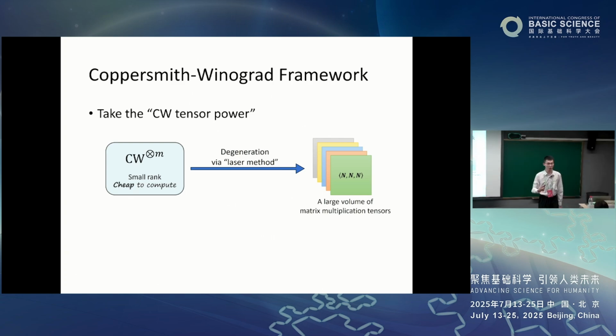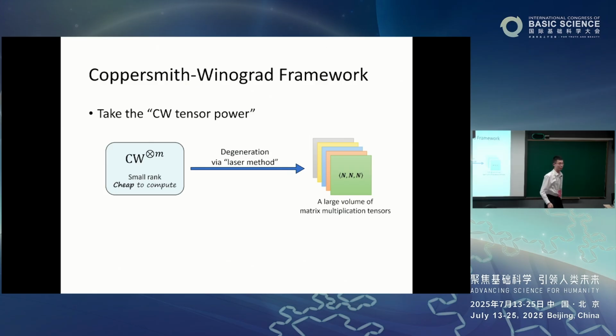Coppersmith-Winograd tensor is also a three-dimensional tensor. It depends on some hidden parameter that I didn't spell out in the Coppersmith-Winograd tensor. For now, you can assume it is a constant. I think maybe I'm misunderstanding part of your question. Can we discuss this afterwards? Thank you.